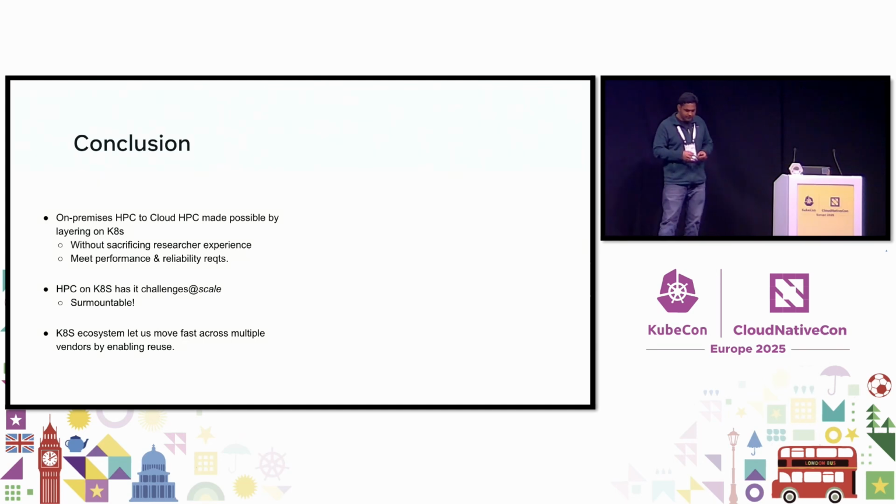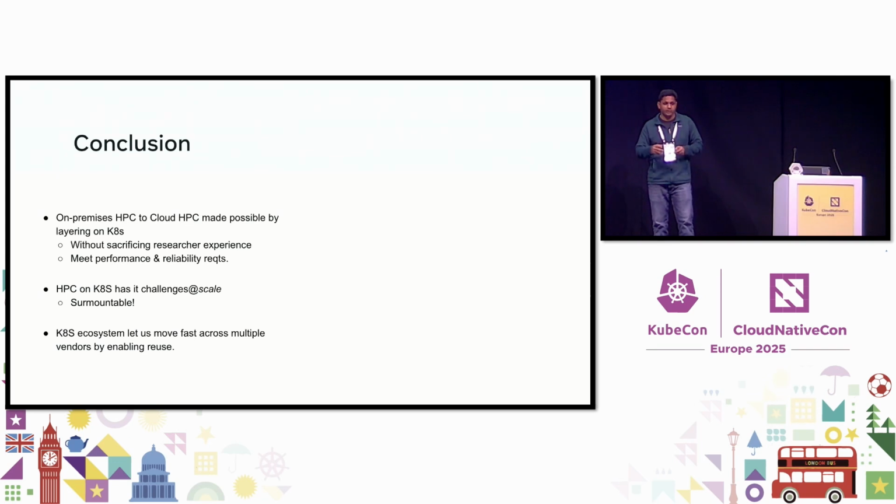So to conclude, moving from on-premises to public cloud across multiple cloud providers was made possible by moving to Kubernetes. It increased our iteration speed. Now, because we are on Kubernetes, various teams can handle their components independently.